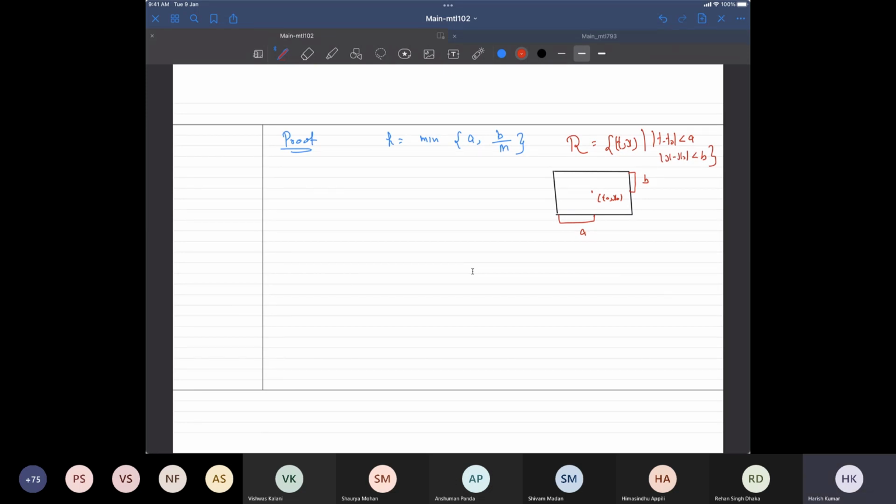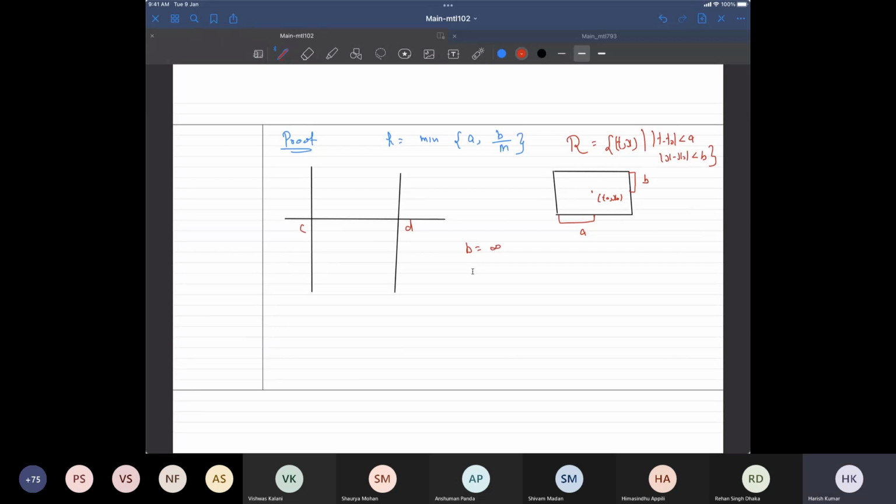my R is not like this, my R is a strip. So let us draw that strip again. Right, and this is my C, this is my D. So if you look at the number b, this is infinity.